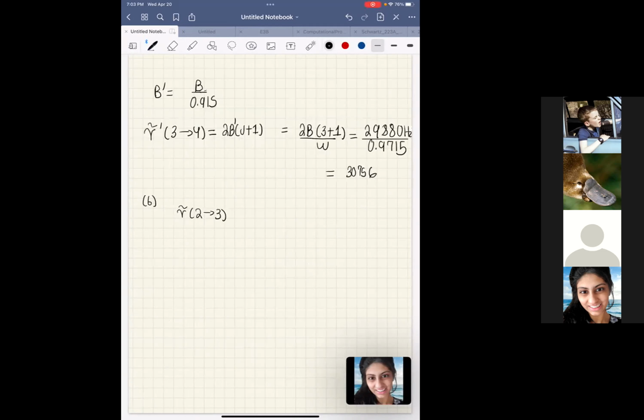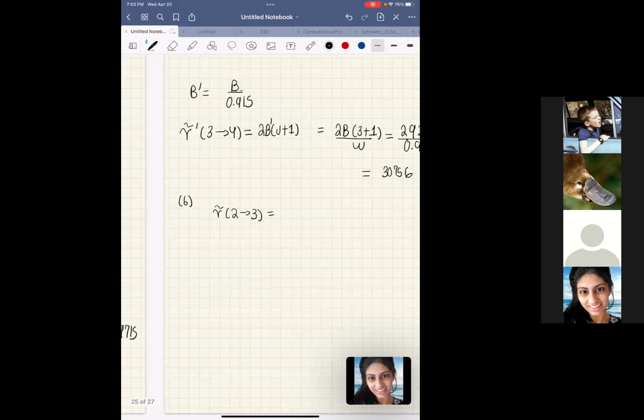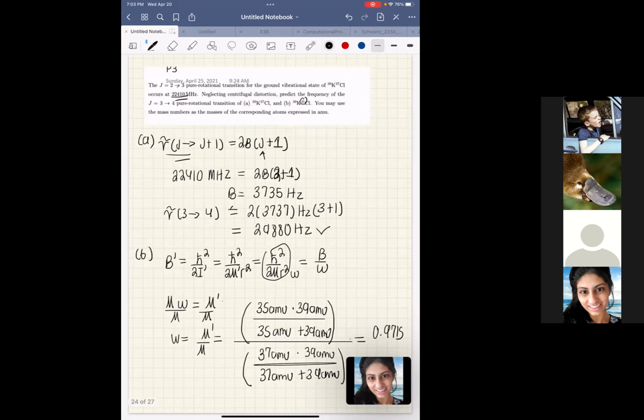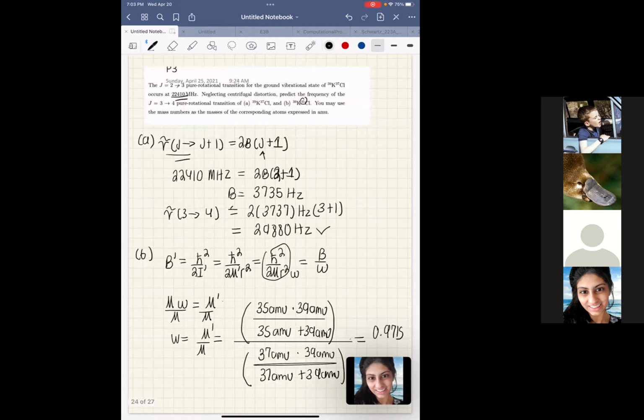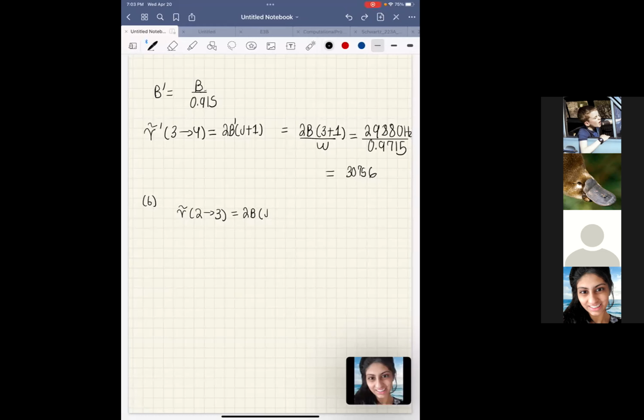Then that's equal to 2B times J plus 1, so that's like 3 plus 2 plus 1, which is like 3.